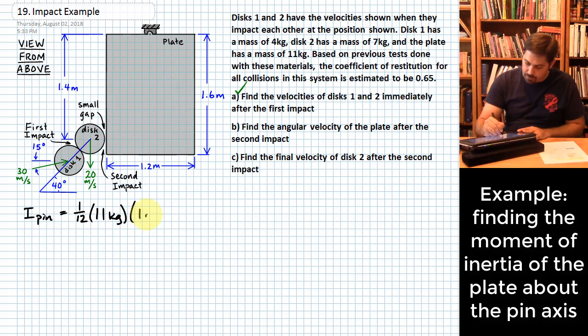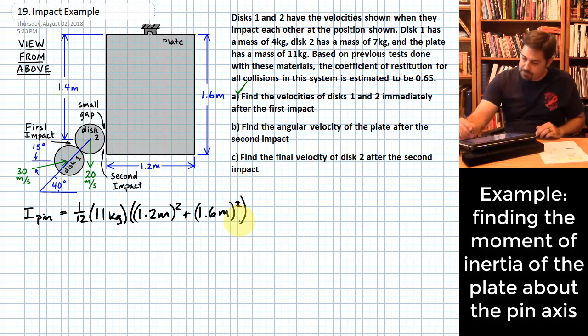So here I would have 1.2 meters squared plus 1.6 meters squared. Now, what this does is it finds my moment of inertia of the plate about its own centroid. Okay? It's not really what I want. I want it to be about the pin that's up here in the middle of the top face up there.